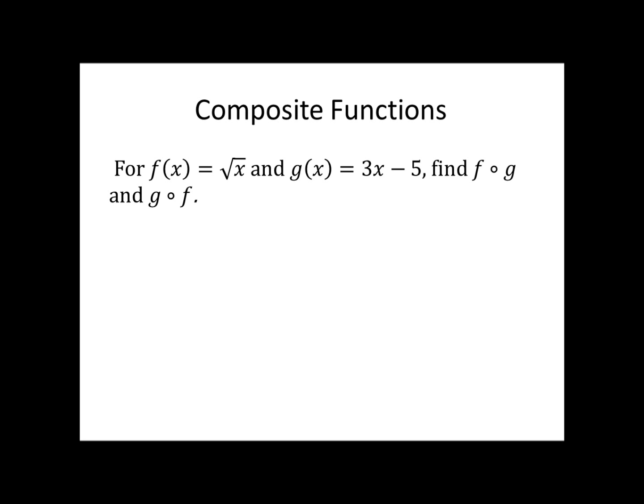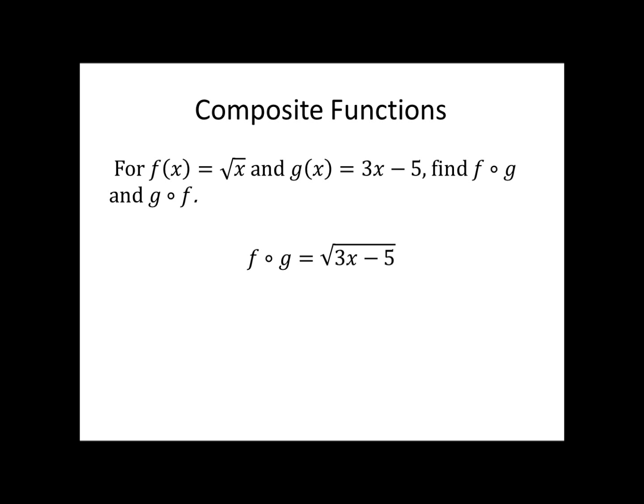Let's take our two functions and find the two composite functions, f of g and g of f. The difference between the two is which function is the outer function and which function is the inner function. In our first one, f of g, we're literally taking g, that is 3x minus 5, and plugging it into f(x).